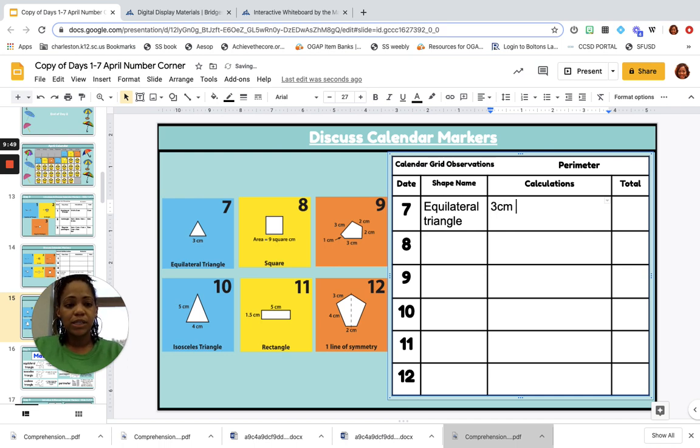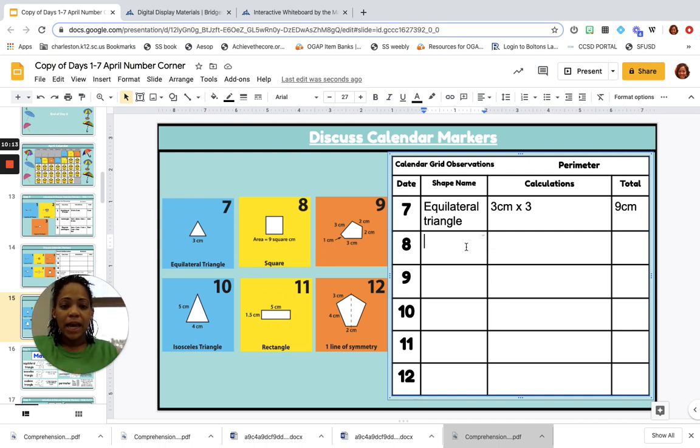I'm going to do 3 centimeters times 3. Are y'all cool with that? Right, because essentially 3 centimeters plus 3 centimeters plus 3 centimeters, which is 9 centimeters. And remember, we are finding the perimeter, which means the distance around the shape. And look, we still have the same pattern: triangle, quadrilateral, pentagon.